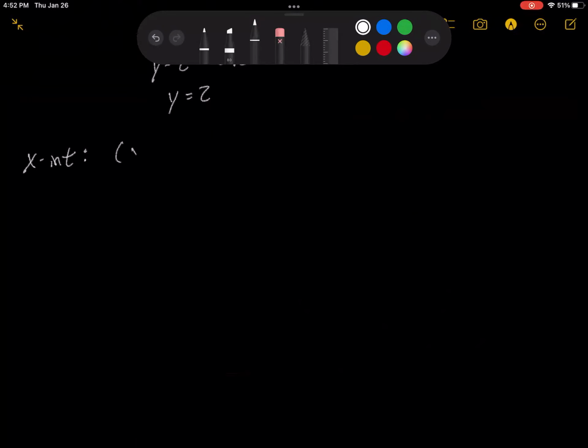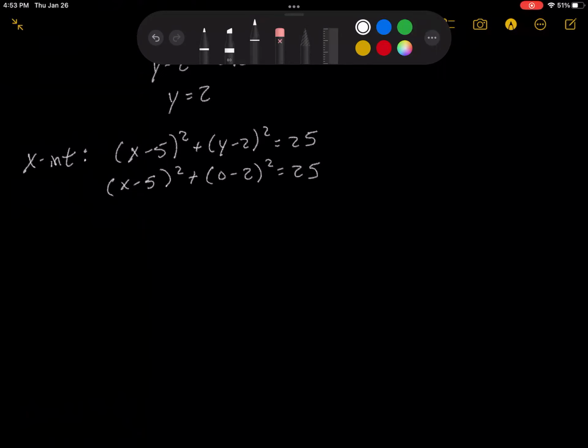The equation was (x minus 5) squared plus (y minus 2) squared is equal to 25. I'm looking for the x. My y is 0. All right, let's chase the algebra. I'm looking for x is equal to something. I'm not ready to deal with that just yet, but 0 minus 2 is minus 2, and minus 2 squared is 4.